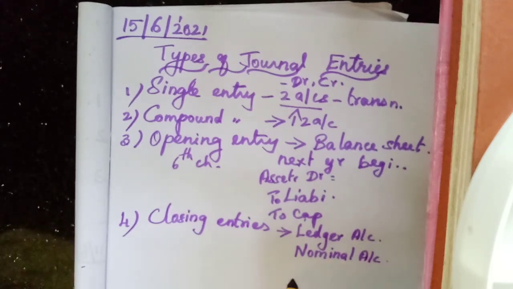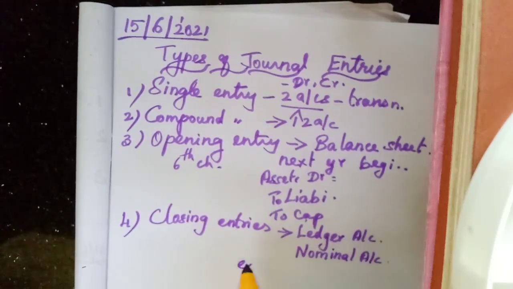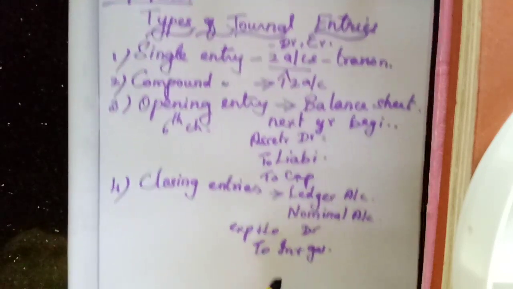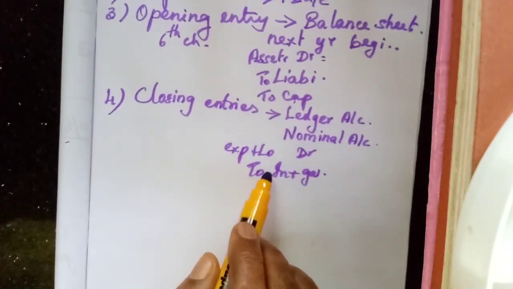Here, they will debit all the expenses and losses. All the income and gains will be credited. Then this will be transferred to the profit and loss account. That is the end. So that is actually called the closing, that transferring entry.